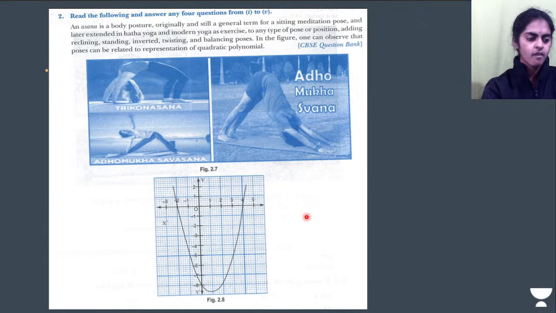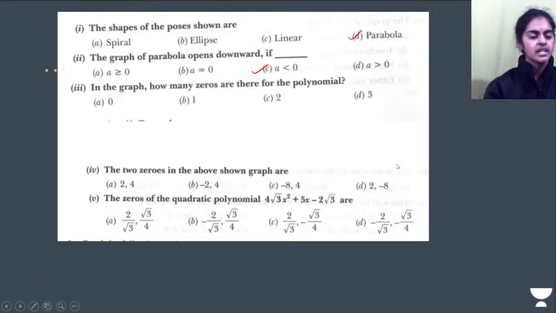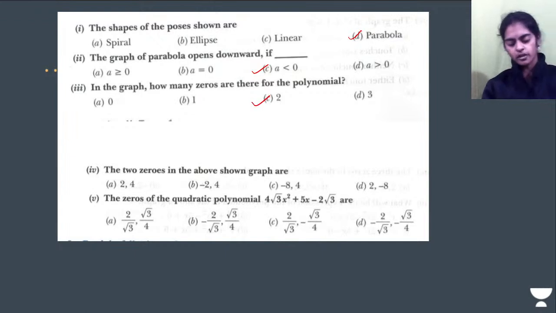Third option. Option C again, right? So see, the graph is cutting the x-axis at this point and also at this point. So how many points is it cutting? How many times does it cut the x-axis? Those many zeros it will have. So here it is cutting the x-axis at 2 points. So it will have 2 zeros.